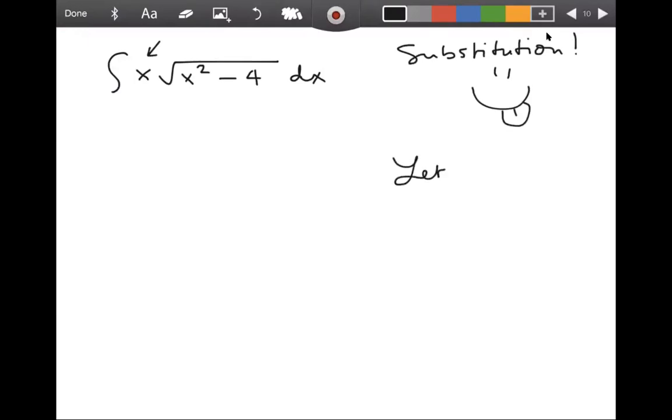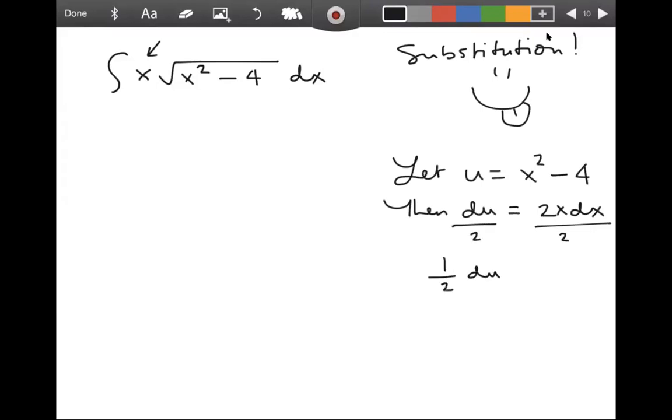Just let u equal x squared minus 4. That's going to make du 2x dx, which is almost exactly what I want, except for the 2. And voila. This integral is just 1/2 integral u to the 1/2 du. It's a regular old backwards power rule.